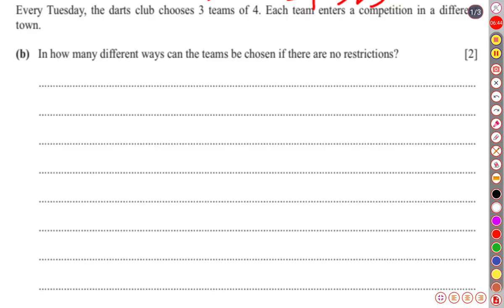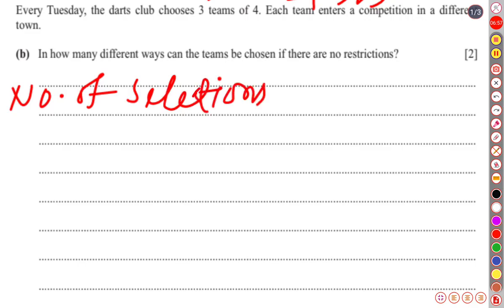So number of selections is equal to... the total number of members is 12. We know 7 plus 5 is 12.